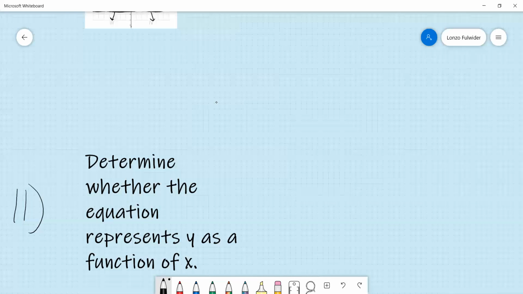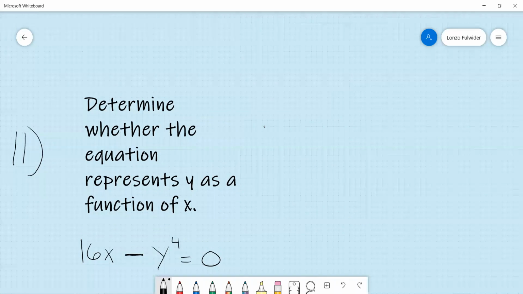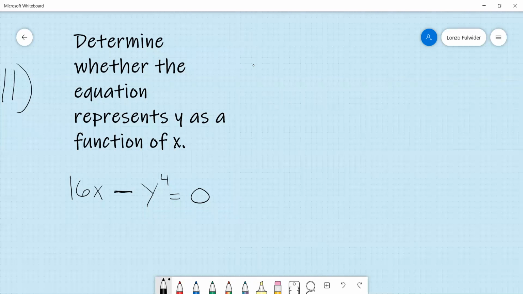So number 11 says determine whether the equation represents y as a function of x. So to figure out if y represents a function of x, remember this rule. You can only have one y value.